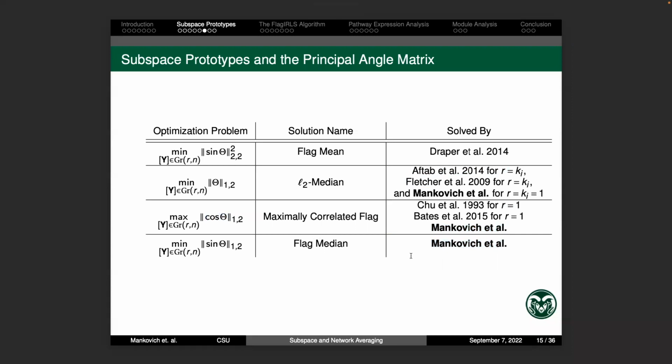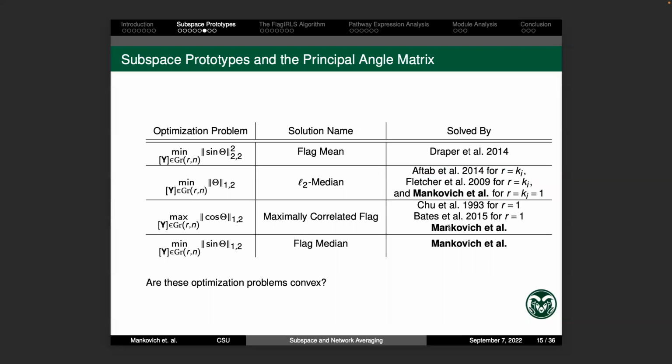And then the flag median is something that I introduced. We published a paper at CVPR, which is a computer vision journal and conference. And I can send you the link to the paper if you're interested in reading it. But essentially, this is kind of where it sits in terms of the theory.